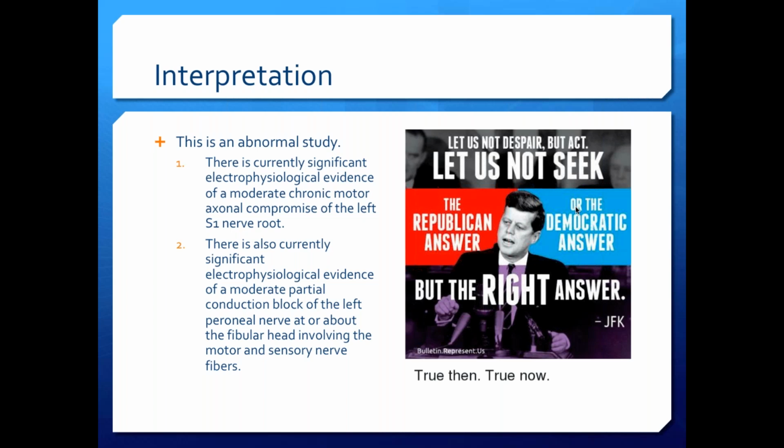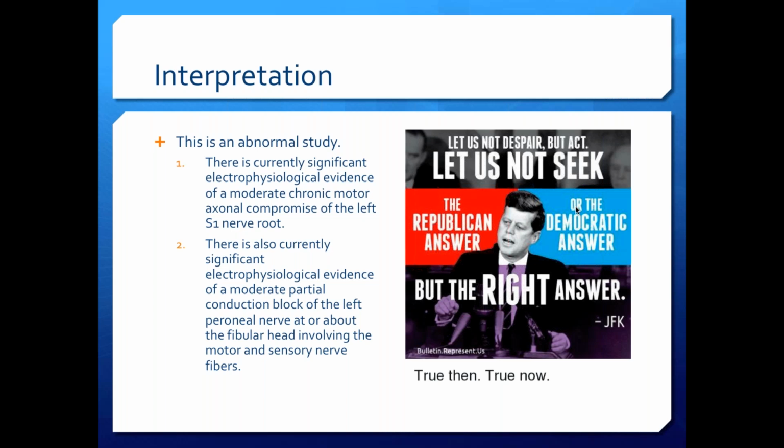So this is the key that we have to identify, that this is a conduction block. This is a myelin injury of the peroneal nerve at or about the fibular head, involving the sensory and the motor nerve fibers. Because the motor units were pretty much the same as the other non-S1 muscles.